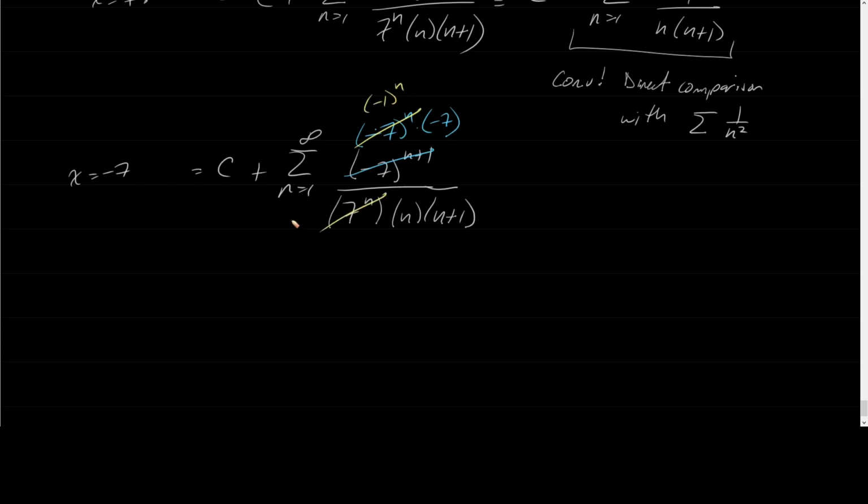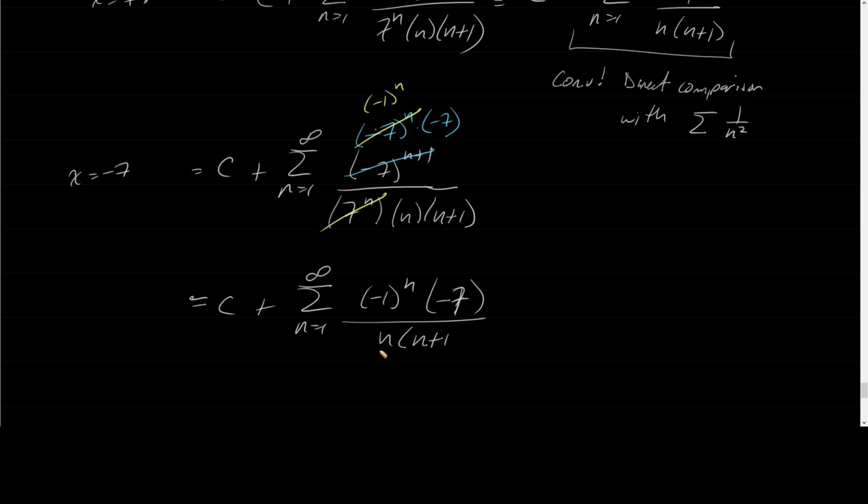So what do we have here? C plus the series from n equals 1 to infinity of -1 to the n times -7 over n times n plus 1.